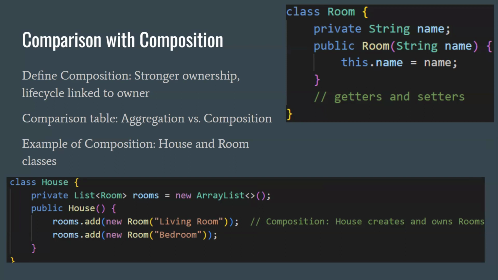We can see the House class can have rooms, and whenever we call the house method, it's going to add a new room, a new living room and a new bedroom. And we can see that the Room class has a string name. Rooms typically do not exist separate from the house. So you can see that key difference between aggregation and composition.